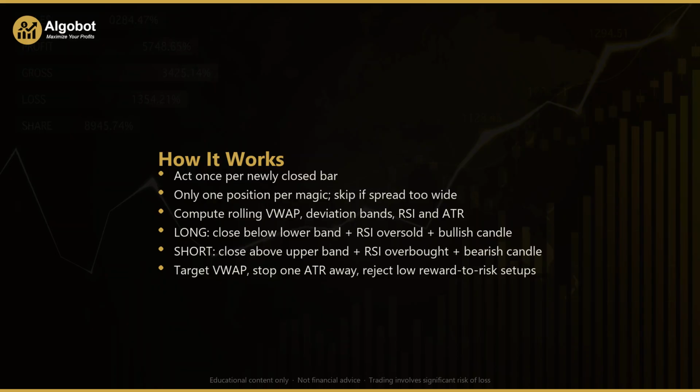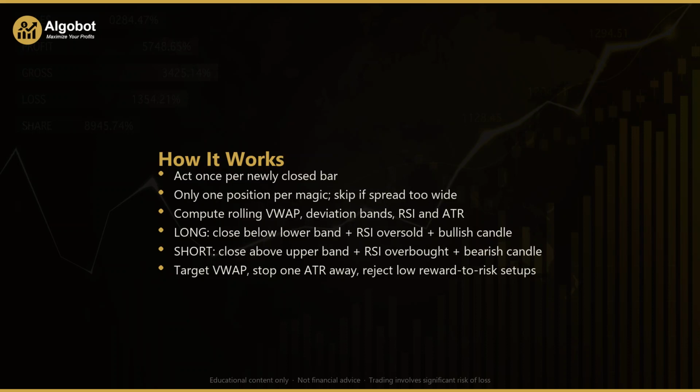The RSI must be below the oversold level, which defaults to 35, suggesting that downside momentum is exhausted. And the bar itself must be bullish, meaning it closes above its open, which is the first hint that price is starting to turn back up. When all 3 agree, the EA places a buy. Its take profit is set at VWAP, the mean it expects price to return to, and its stop loss is placed 1 ATR multiple below the entry.